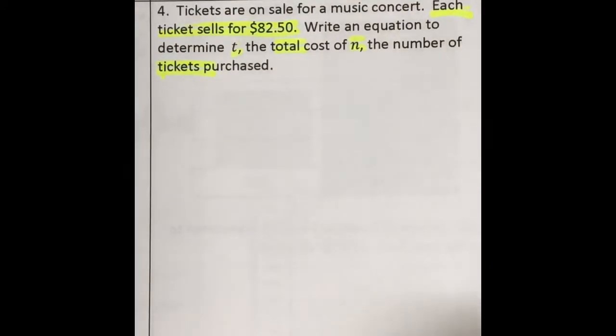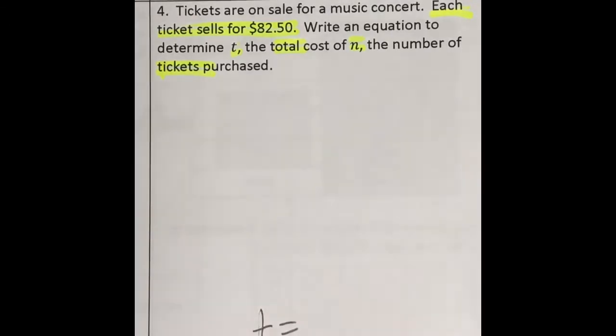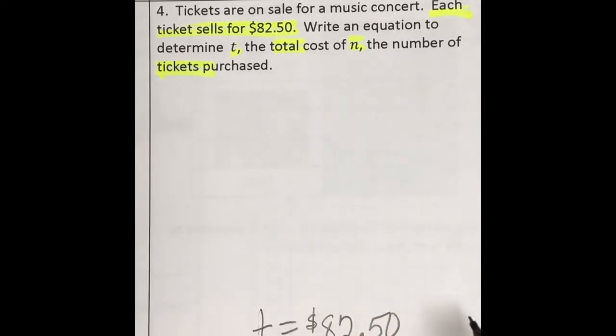Total is always by itself on one side of the equal sign. My total is going to be, the only number they gave me is $82.50, and this is the cost per ticket.